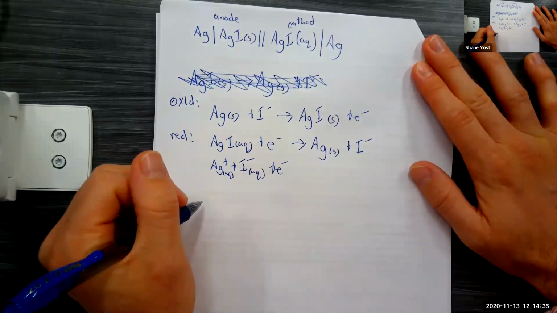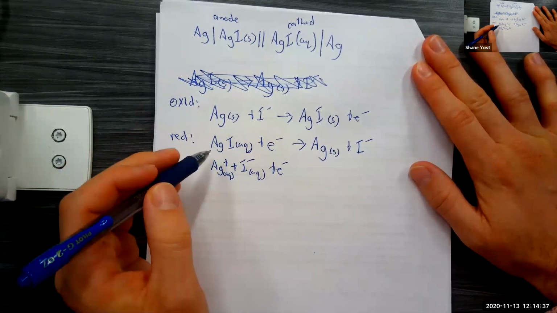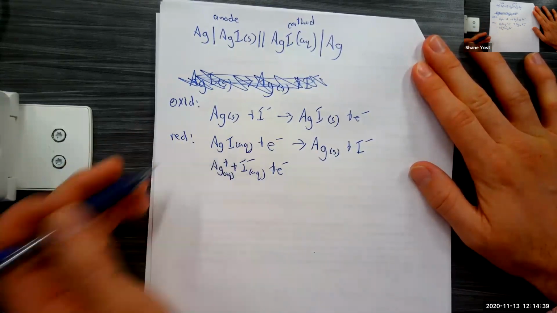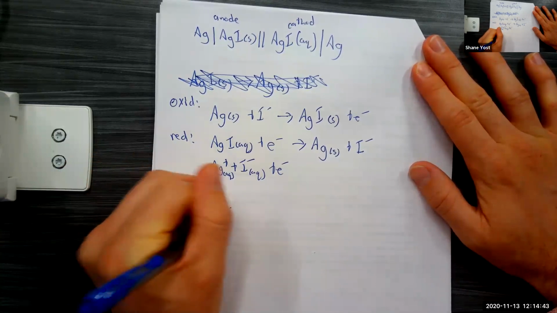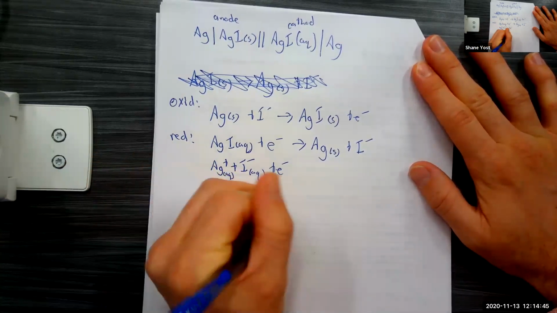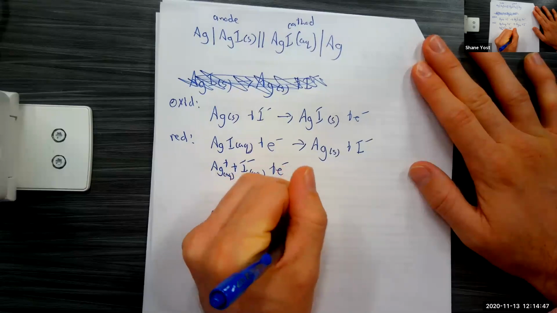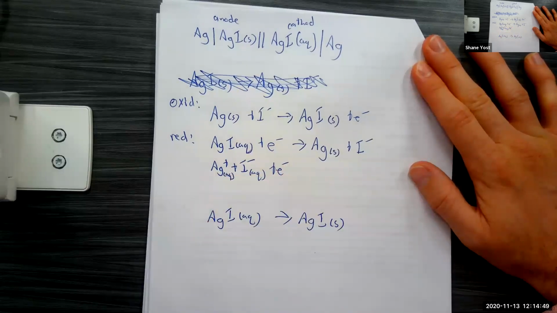If you sum up these reactions, I'll even leave the AgI aqueous, it is AgI aqueous forming AgI solid.